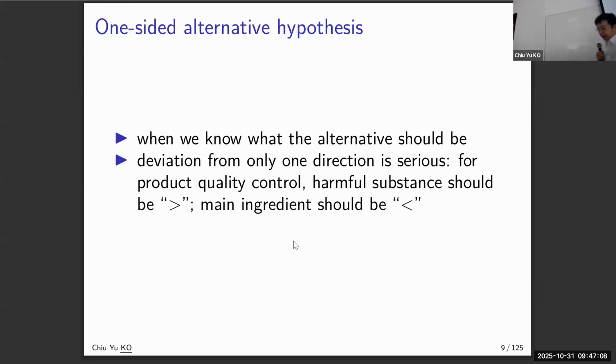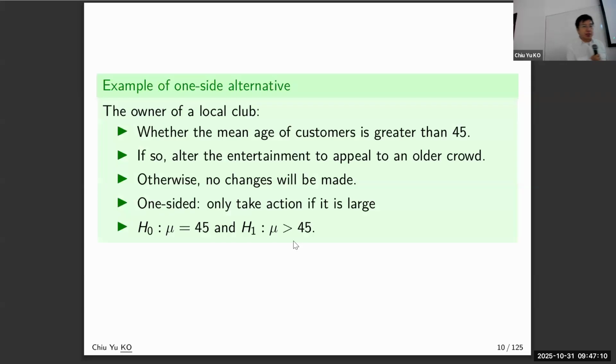So the example we gave last time would be this example where a local club owner sees if the aging society, right, or many young people actually going to Shenzhen, right? So then the local club may be only left with older people.